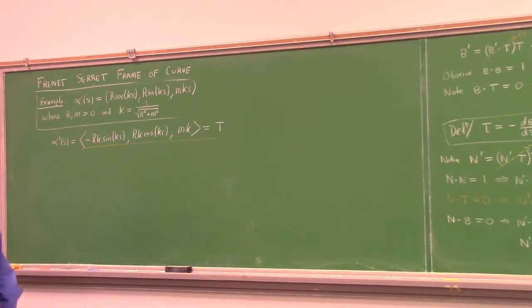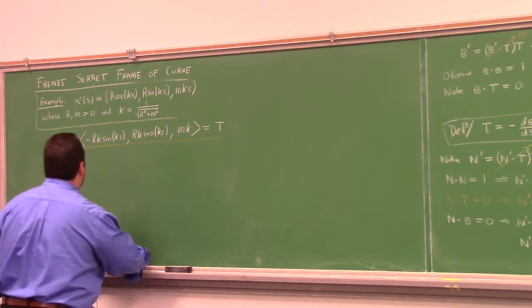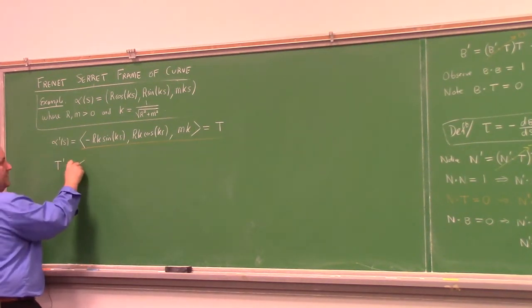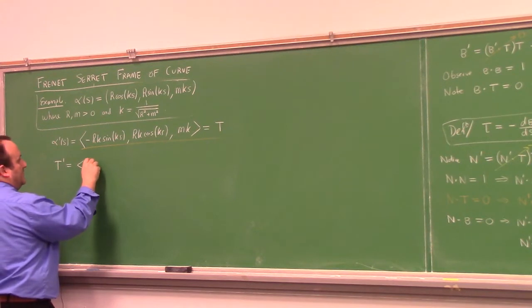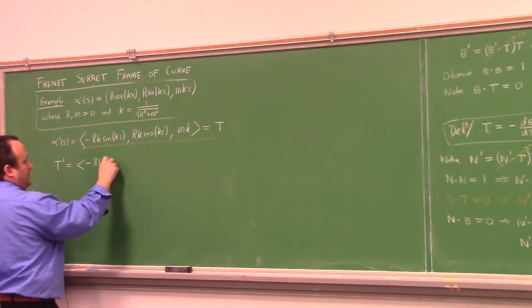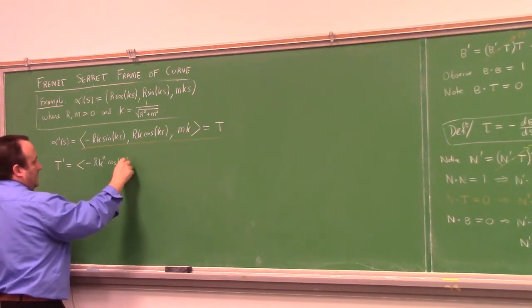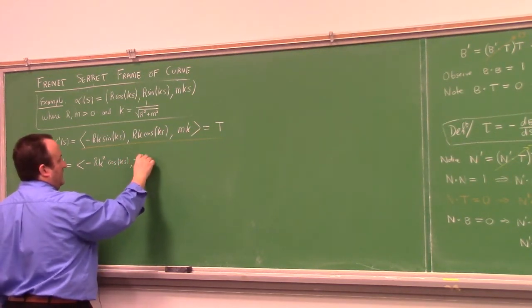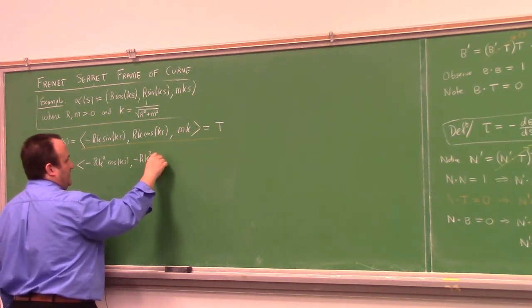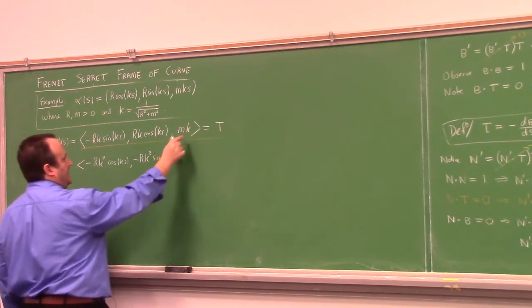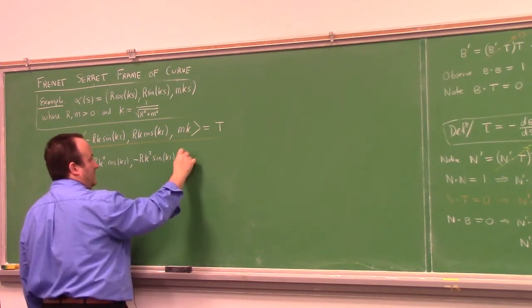So what's T prime? T prime is minus r k squared cosine ks, minus r k squared sine ks, and that's a constant, so the derivative is 0.